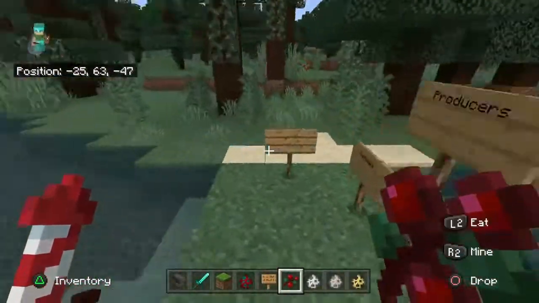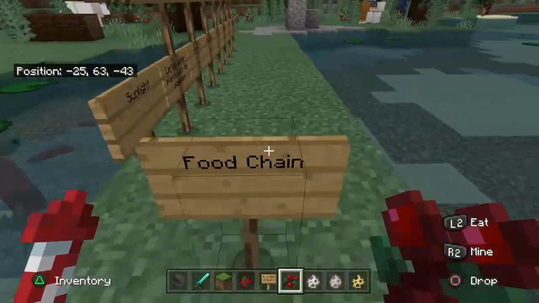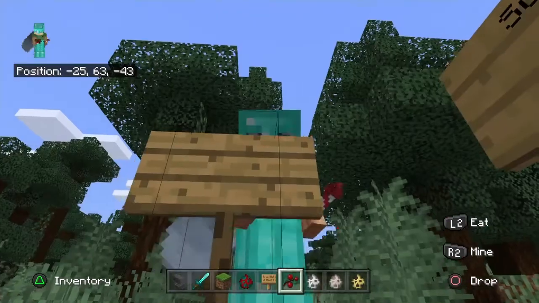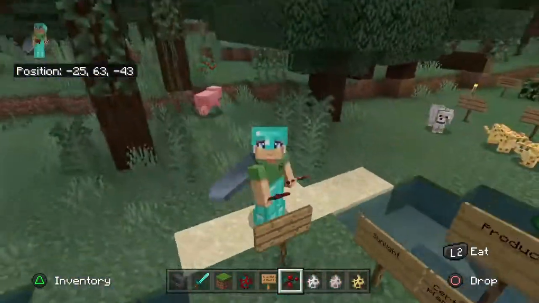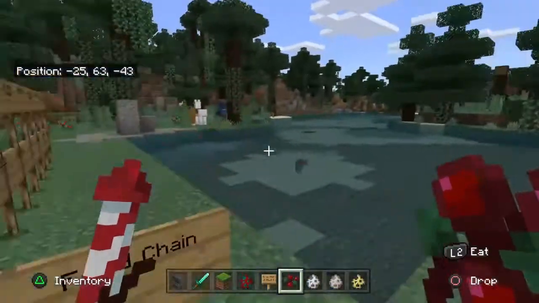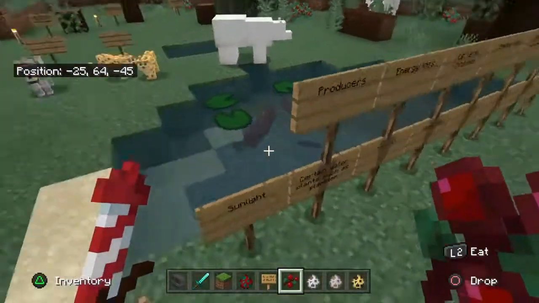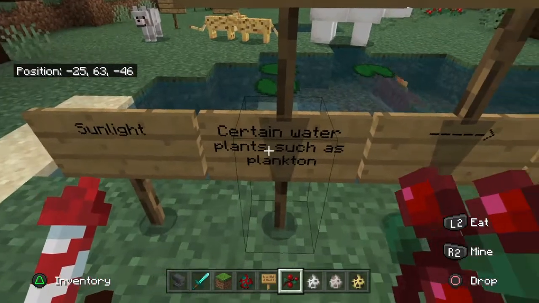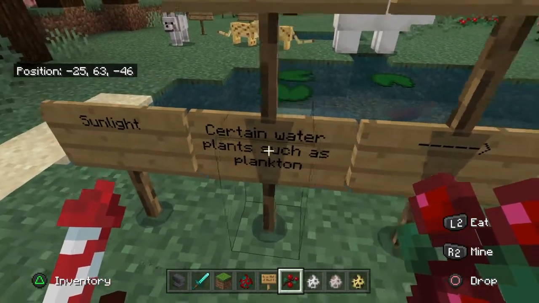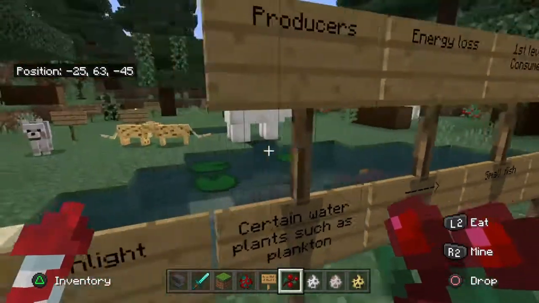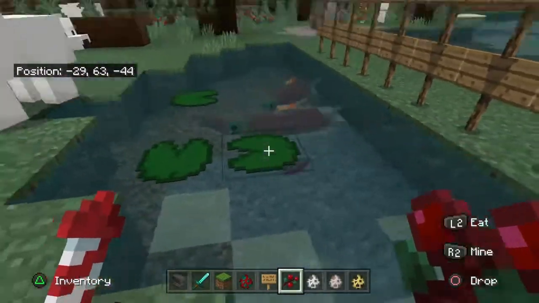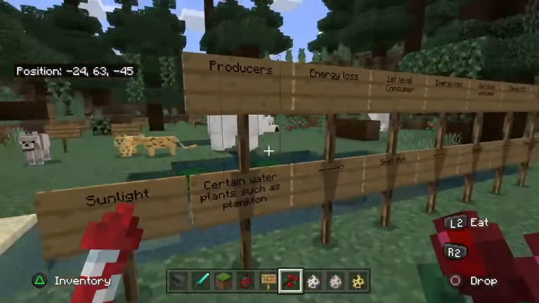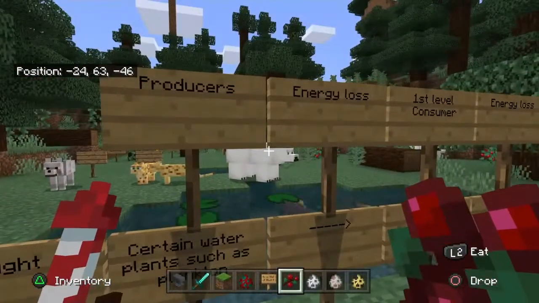And if we go over here, we have our food chain. Okay, so our food chain. So we start with sunlight, and then it goes into certain water plants such as plankton and animals. So there's plankton in there. And so those are the producers.